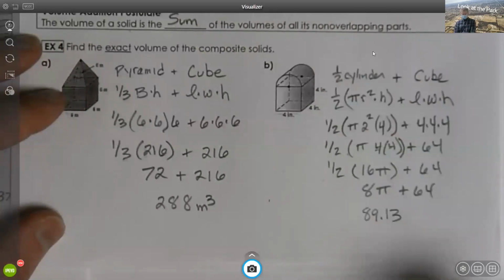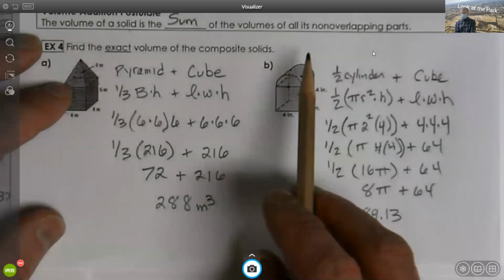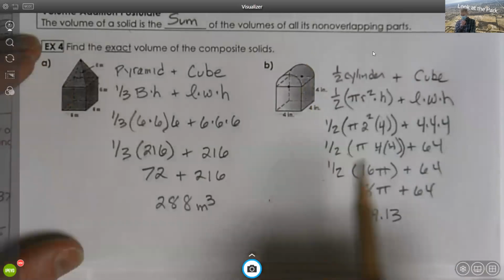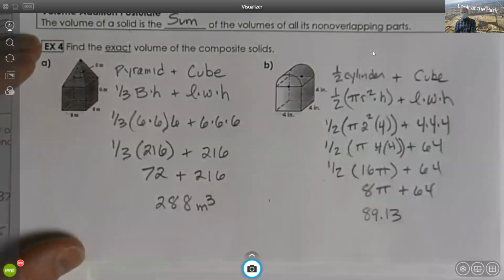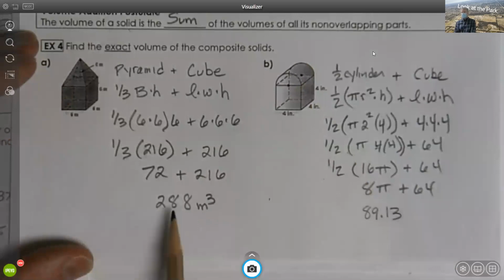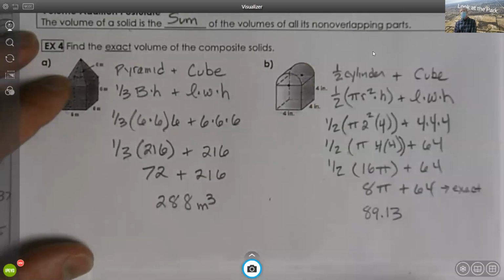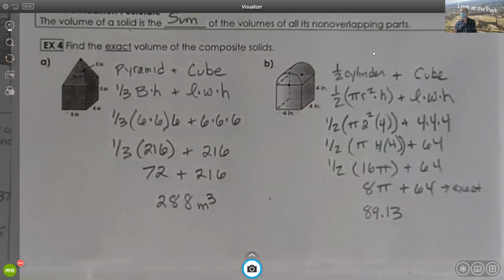All right, so if we were going to talk about the exact value, it doesn't look like I did exact value on either. This would be exact because there was no pi symbol, right? We just calculated it out, so this is exact. This here would be the exact. That's the exact answer. There's no way to simplify that down any further.